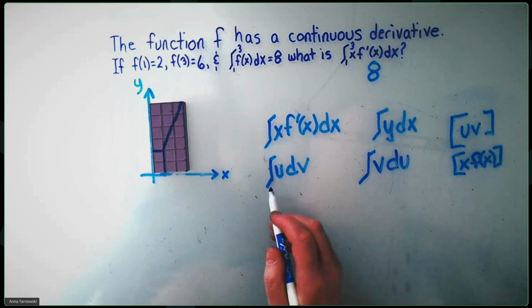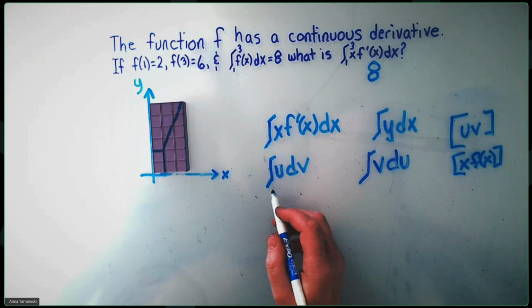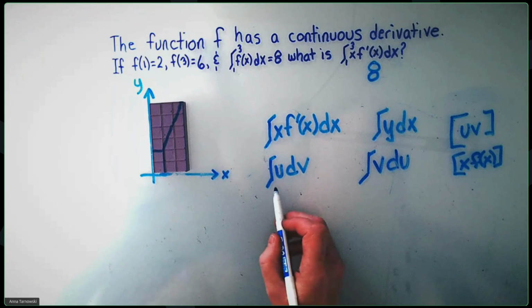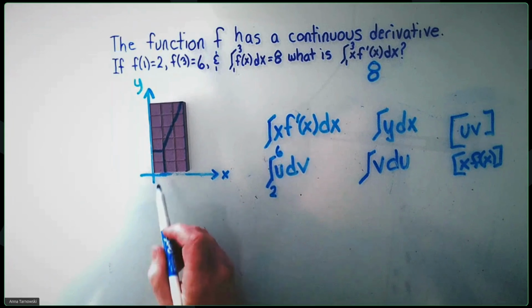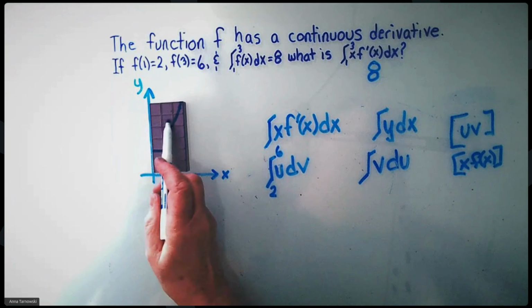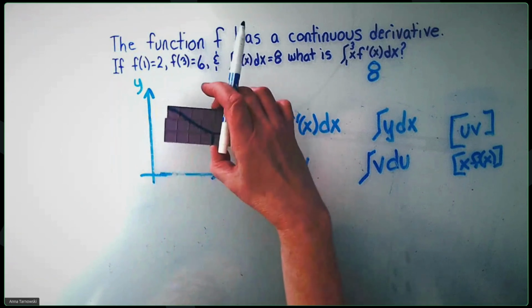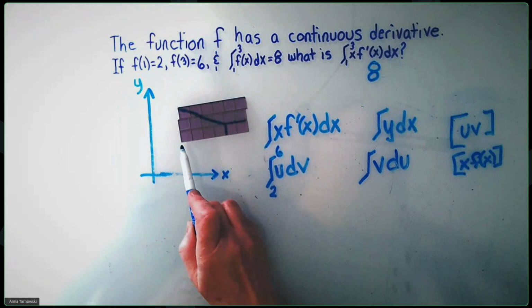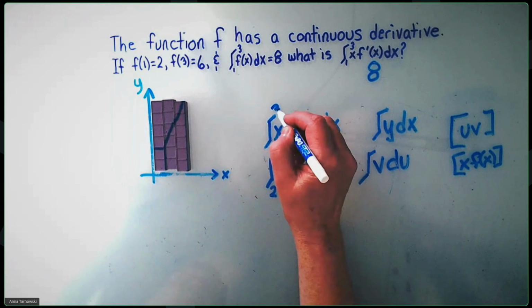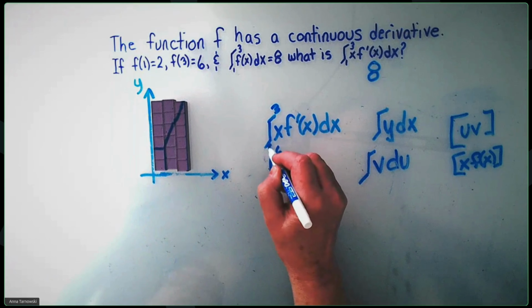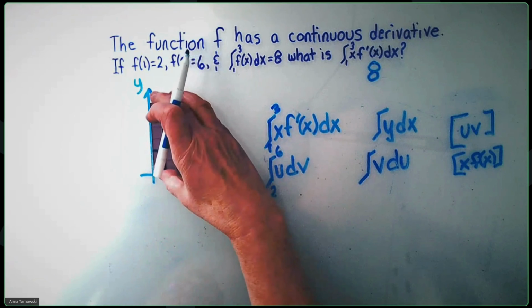Which is really interesting. Now this one here, if we use this, we can turn this sideways, because u is across and dv is up, and you could look at it like this, from 2 to 6, that way. And this, we would do 3 and 1, if we're looking at it this way.